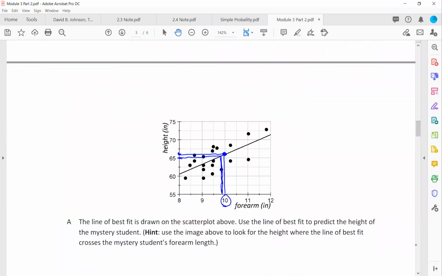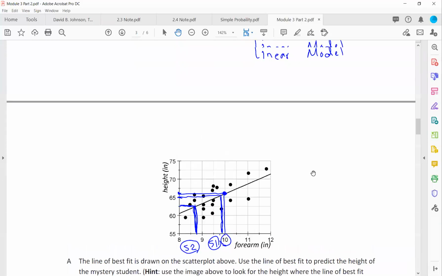So 62 inches is going to be roughly here. As you can see, the measurement of forearm is getting smaller. This is for student number 2. So student number 2 is not going to be a good candidate. S2, and this is S1.